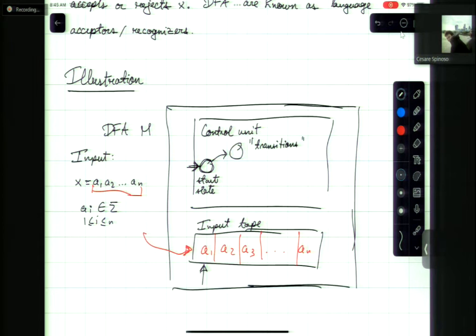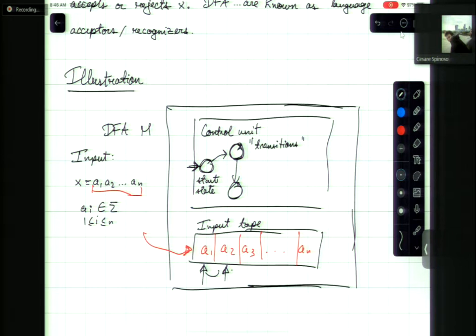Okay, and so now it's read A1. It's read A1 because it was able to go to another state, and so it moves its pointer to A2, and then it reads A2, and because now it's in this state, given A2 it's going to do something else. So maybe it's going to go to this state here. Okay, and so now I've read A2 and I've transitioned from this state to this state.